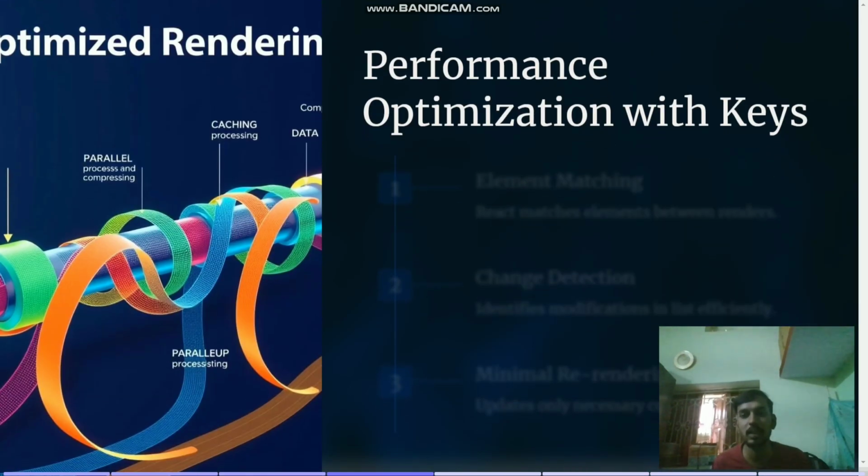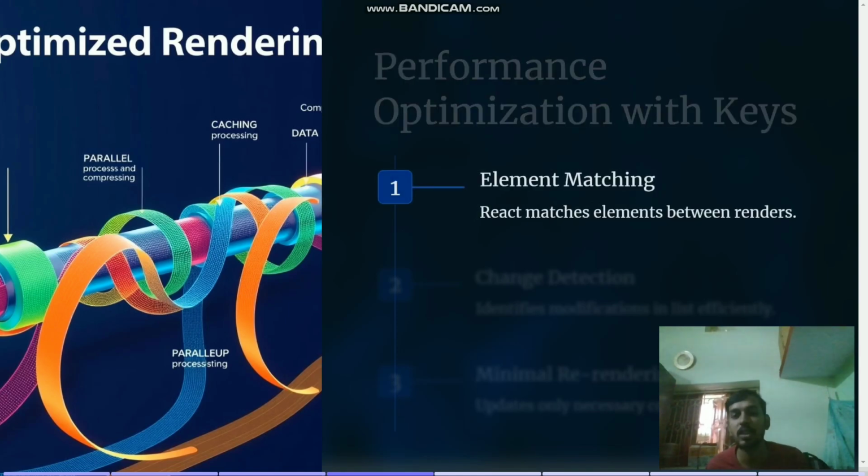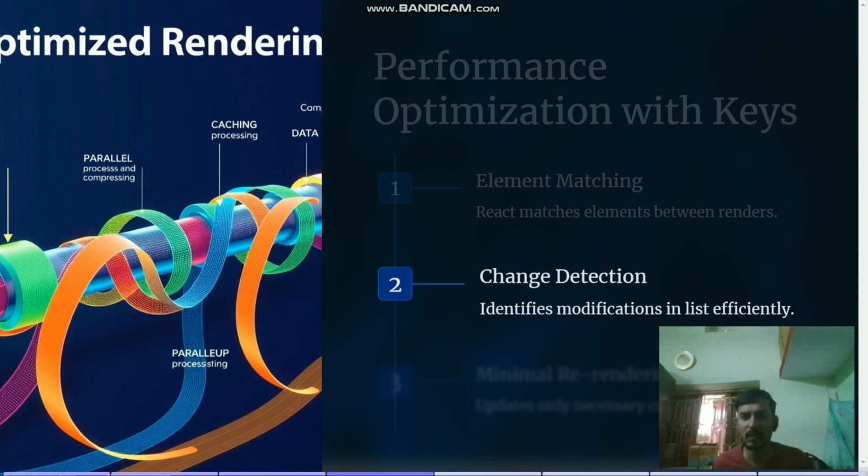Performance optimization with keys. Keys help to optimize the performance. So we are going to discuss that. Element matching: React matches elements between renders, means which element we have to render. It helps to identify by keys. Change detection identifies the modifications in a list efficiently.